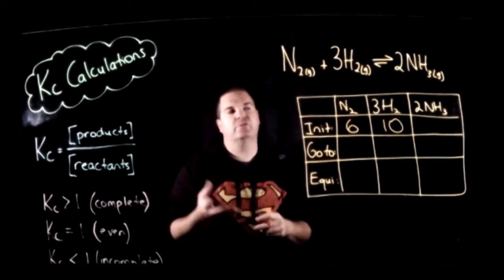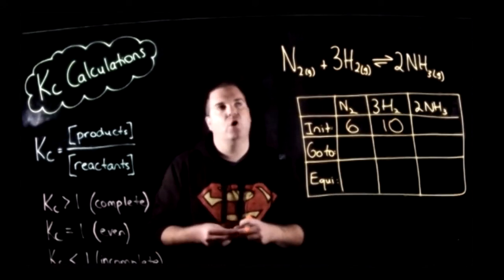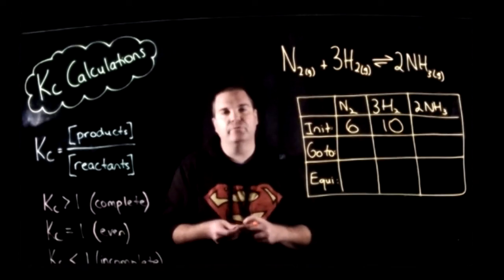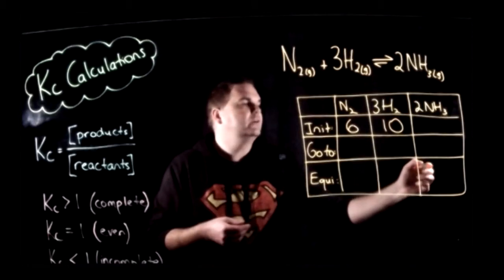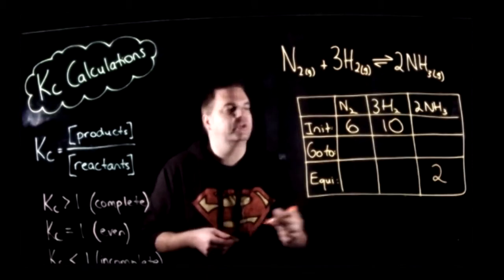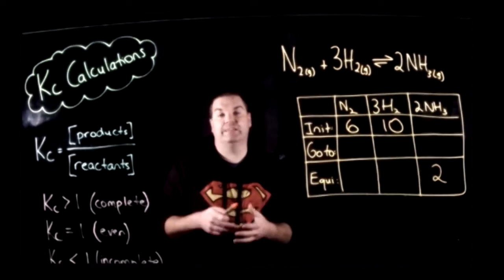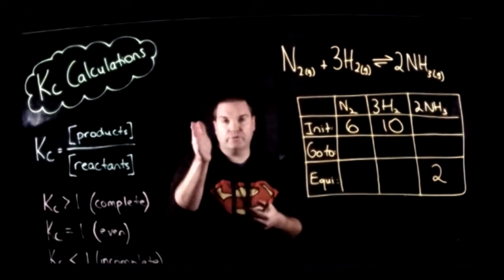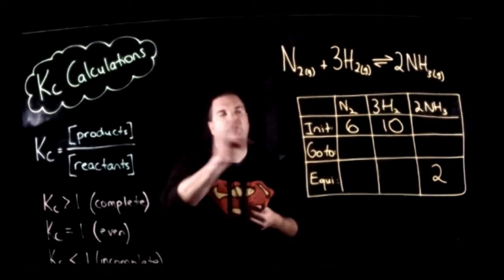So 6 moles of nitrogen and 10 moles of hydrogen were allowed to react and come to equilibrium. At equilibrium, we had 2 moles of ammonia, 2 moles per litre, that's the concentration. Because the question says the concentration in moles per litre, we can put that straight into our table.